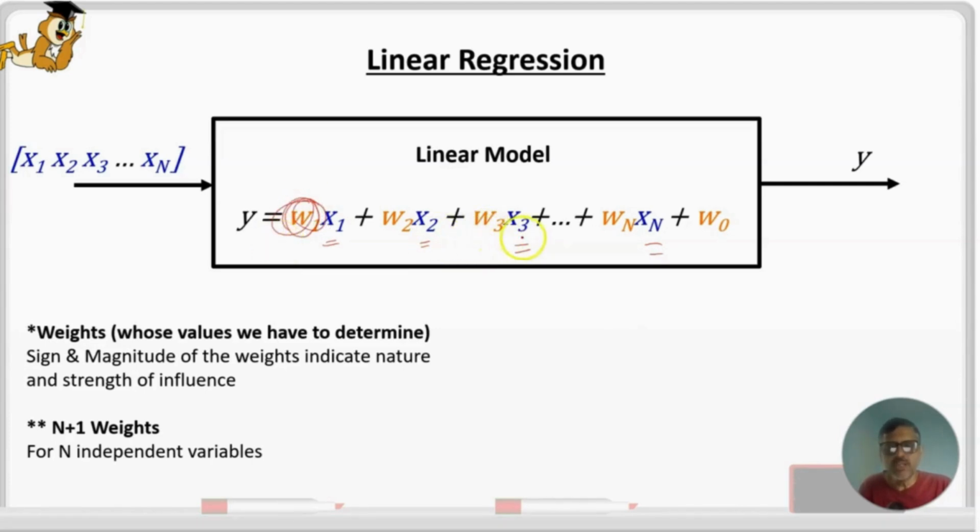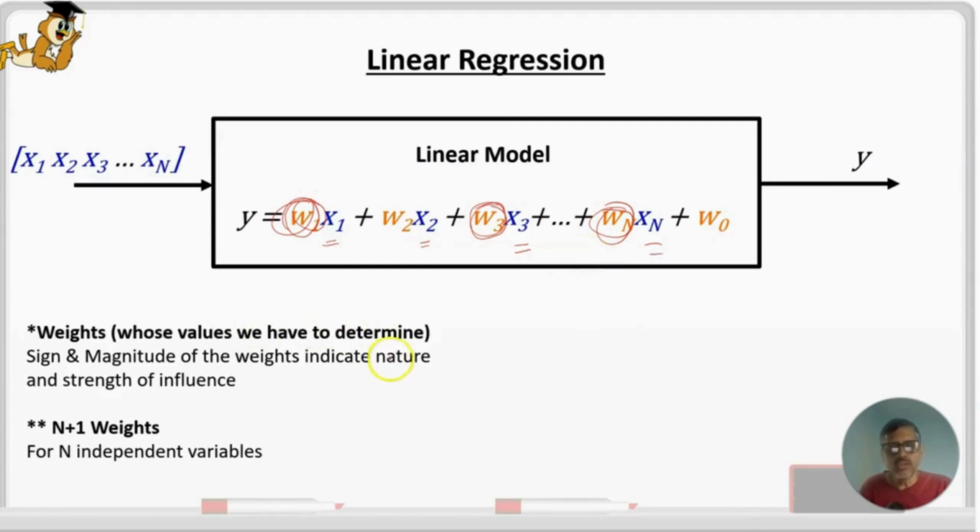Similarly, the weight for the independent variable that makes only a slight difference to the final answer is going to be small. The weight for the independent variable which has a strong negative influence, meaning its value has a disproportionately negative influence on the output, is going to be a negative value with a large magnitude.